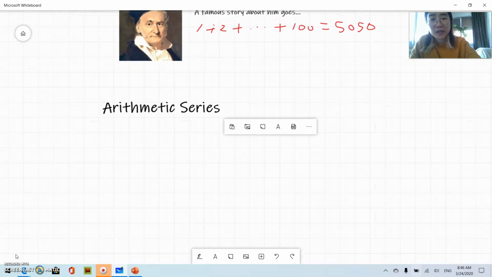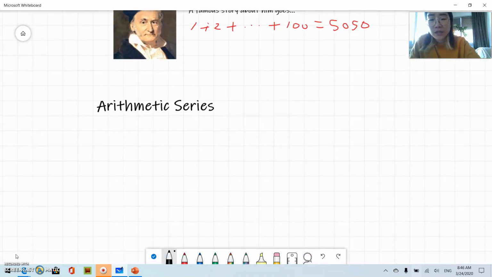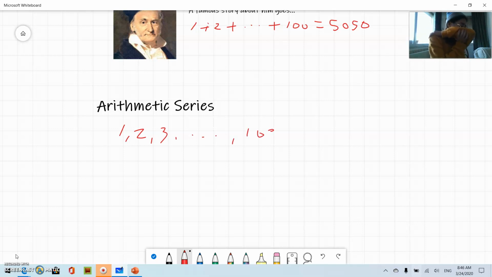So if you really look at the question itself, it is an arithmetic sequence, right? 1, 2, 3, all the way to 100. Sorry. It has a common difference of 1. So this is considered an arithmetic sequence.